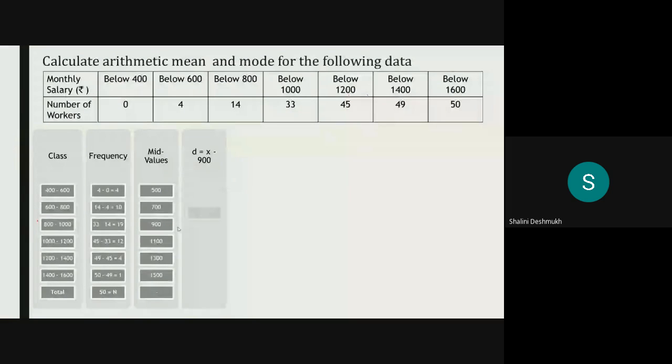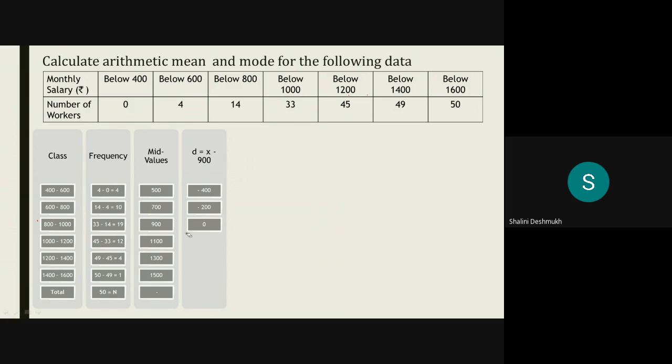So what is the difference? First, 500 minus 900 is minus 400. Then the next one is 700 minus 900, it is minus 200. Now the next one is 900 minus 900, it is 0.